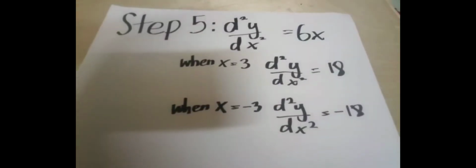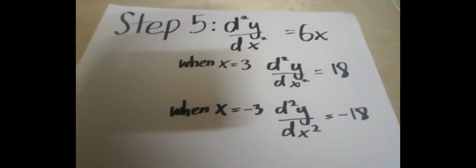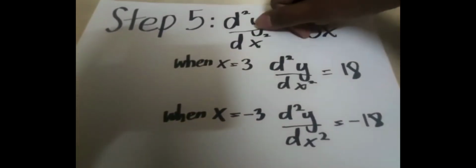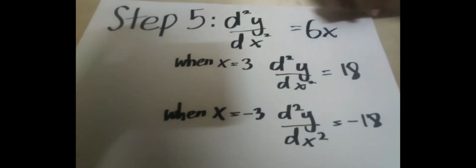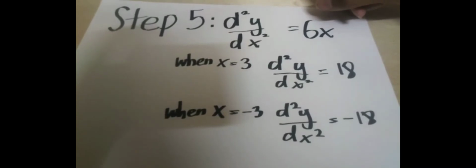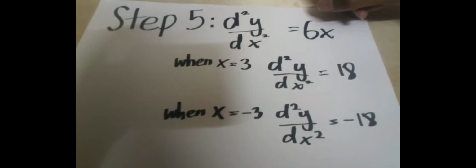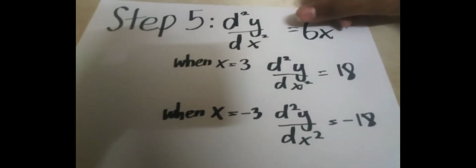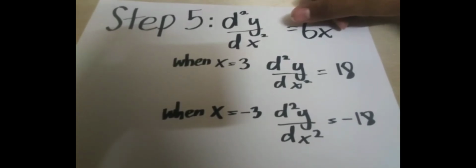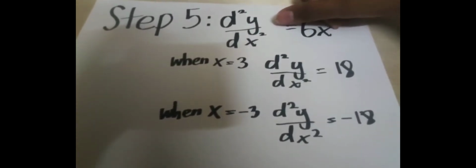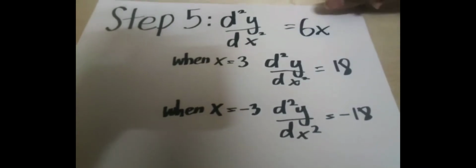As you can see in step 5, we have to use the second derivative, that is d squared y over dx squared. We use this to find what type of stationary point it is. The second derivative formula is d squared y over dx squared equals 6x.